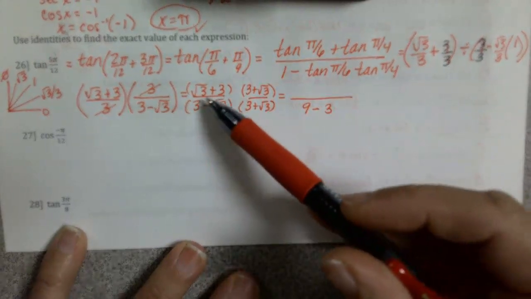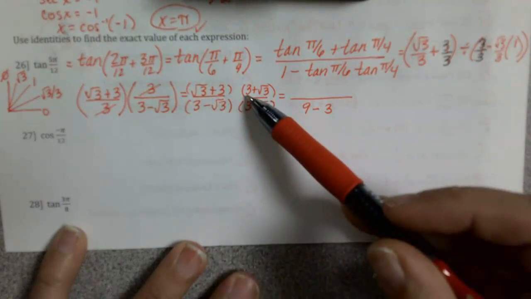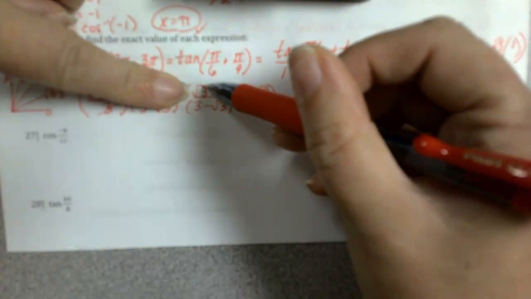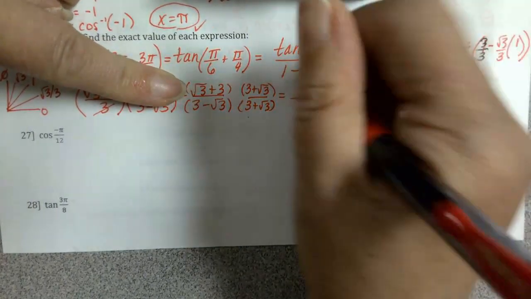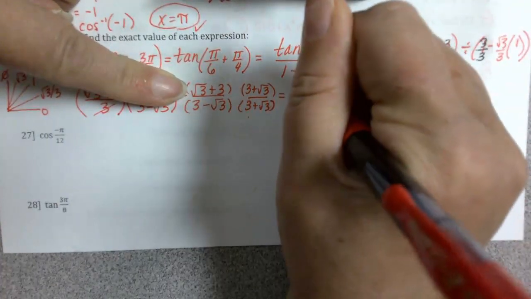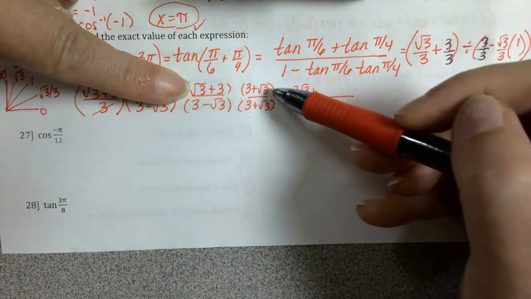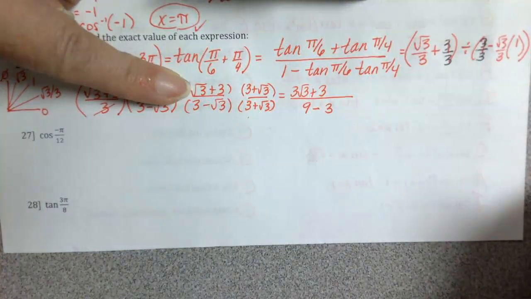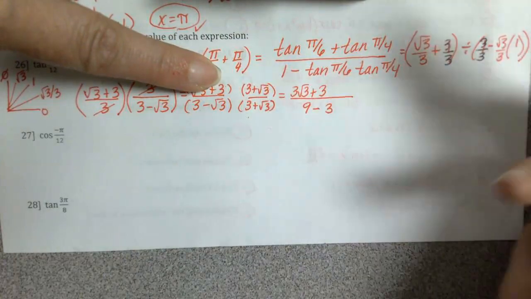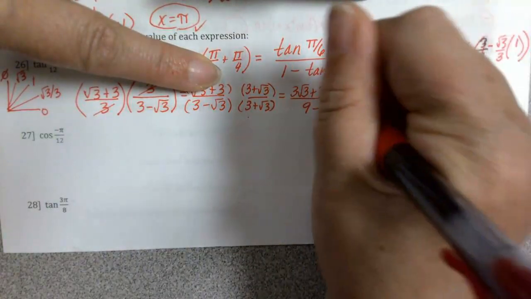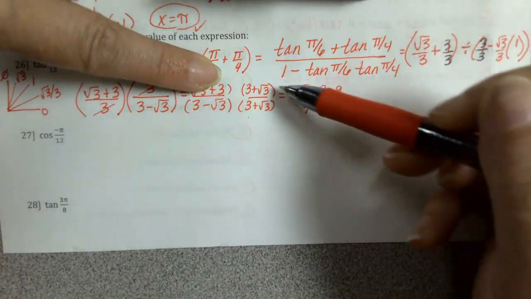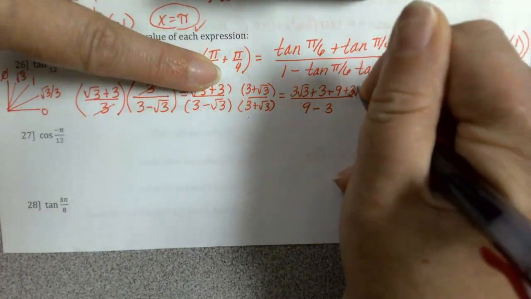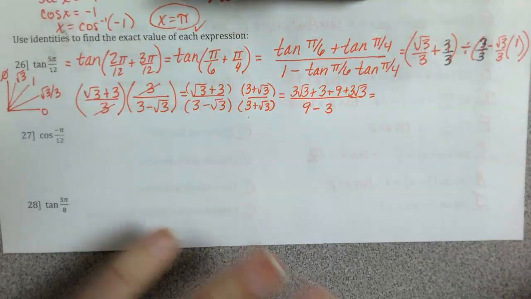Then in the numerator, root 3 plus 3 times 3 plus root 3, we're going to need to FOIL, so we'll have 3 times root 3, plus square root of 3 times square root of 3, which is 3. Then another 3 times 3, that's 9. And 3 times square root of 3, 3 square root of 3.